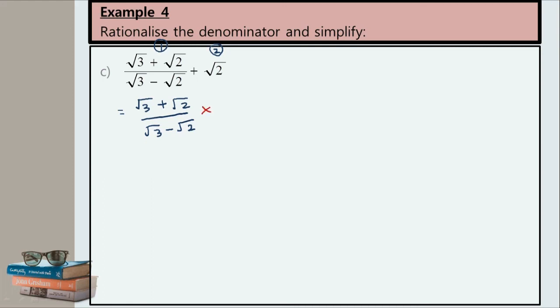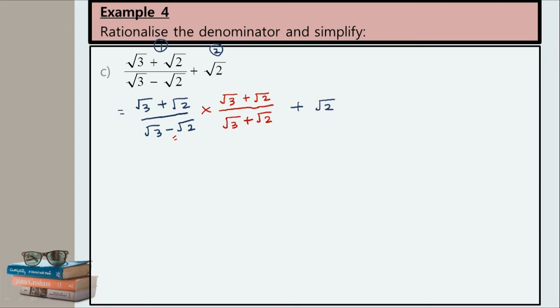Since our denominator is surd 3 minus surd 2, our conjugate is surd 3 plus surd 2. Bila bawah kita darab dengan ni, atas pun kita kena darab dengan benda yang sama. Surd 3 plus surd 2. And then plus surd 2.